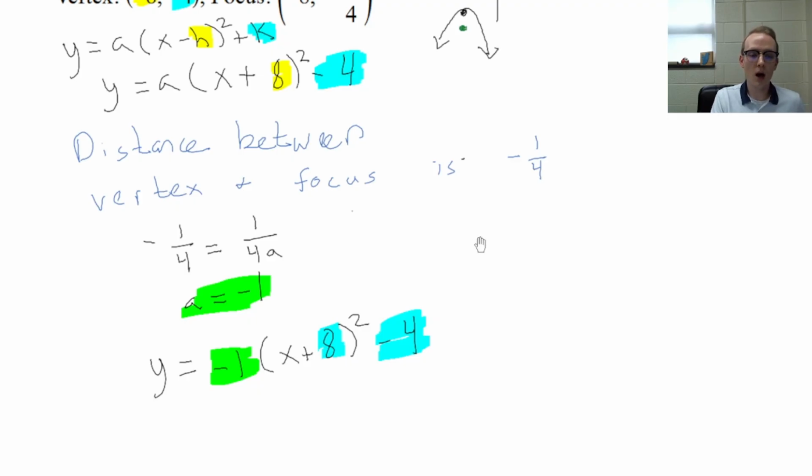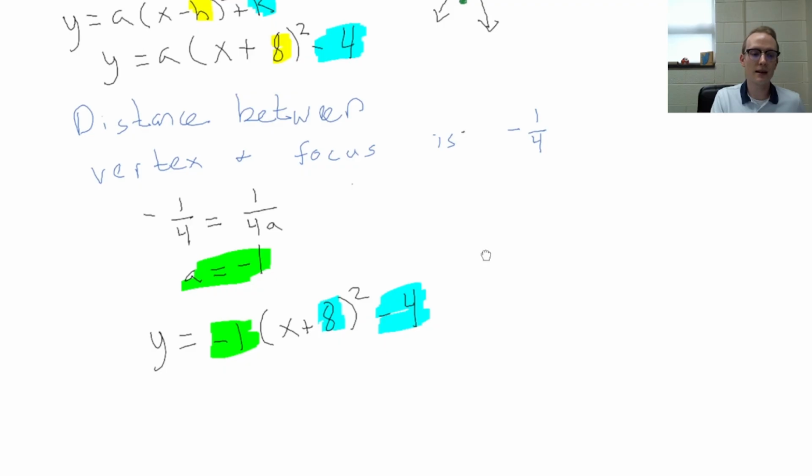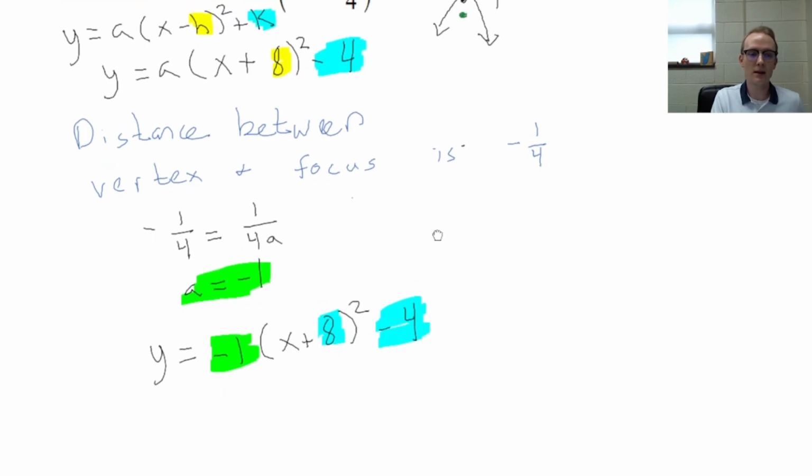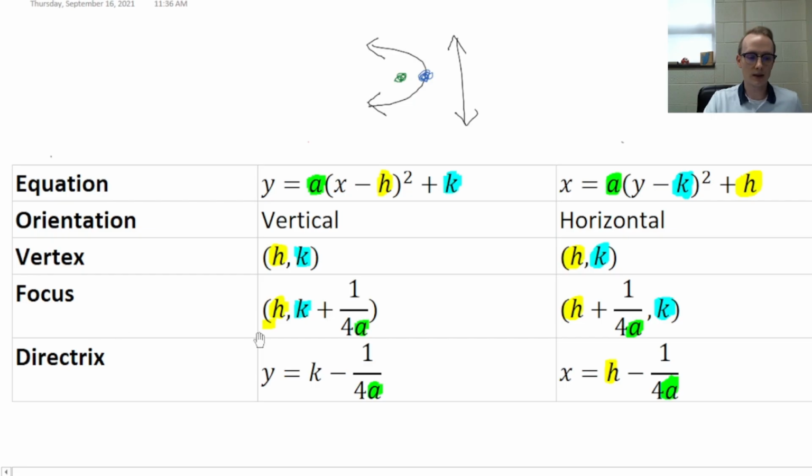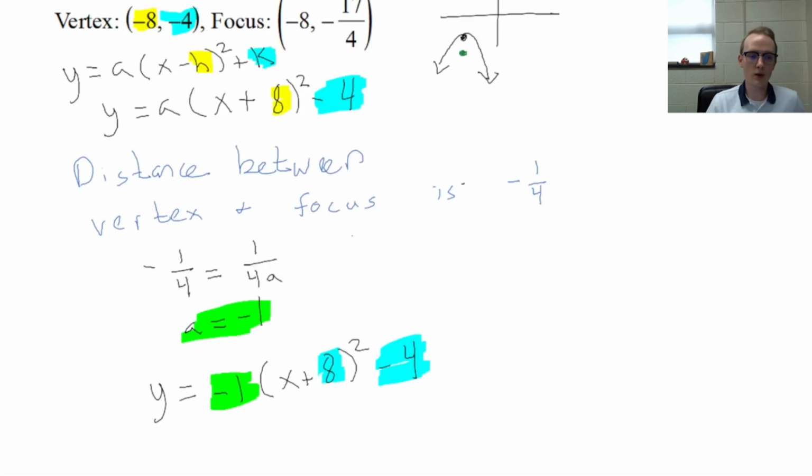Now, one other way you could find the a value is we could set up an equation. Remember, we said the focus has a y-coordinate of k plus 1 over 4a. And we know what k is. We also know what the y-coordinate of our focus is.